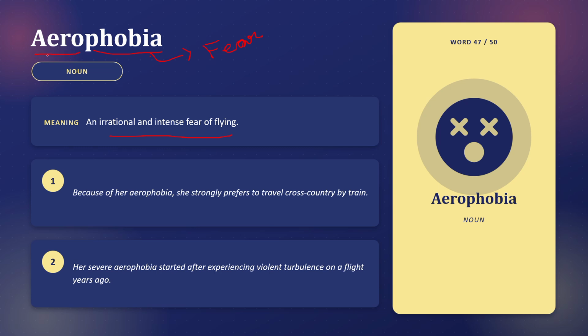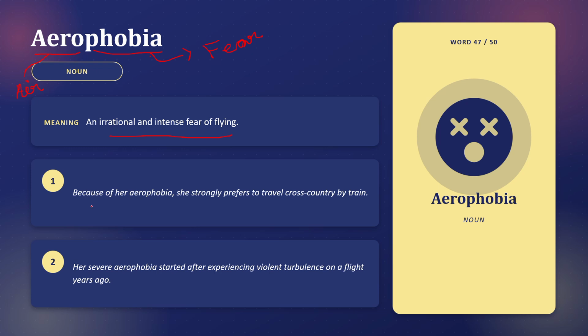Aero means air. Aero is air. And phobia is fear. An irrational and intense fear of flying.